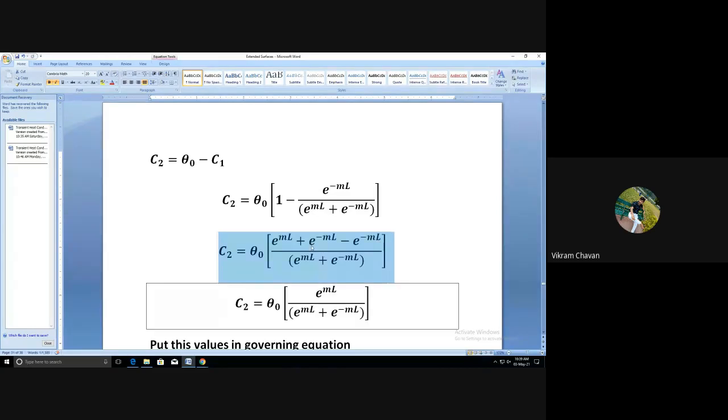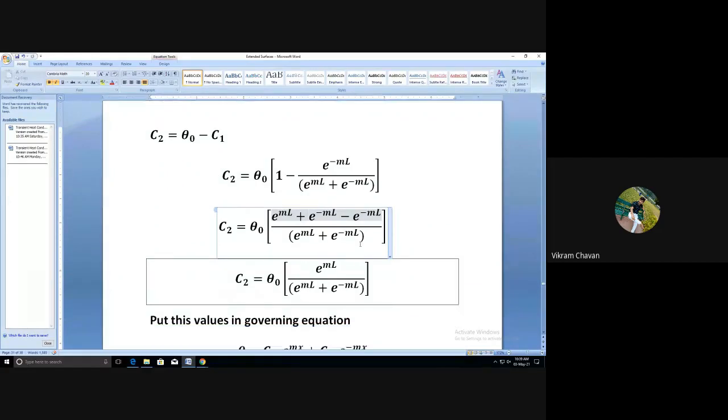Here the plus e raised to minus ml and minus e raised to minus ml will be cancelled, and we will get the C2 equation as C2 is equal to theta naught into bracket e raised to ml, whole divided by e raised to ml plus e raised to minus ml.